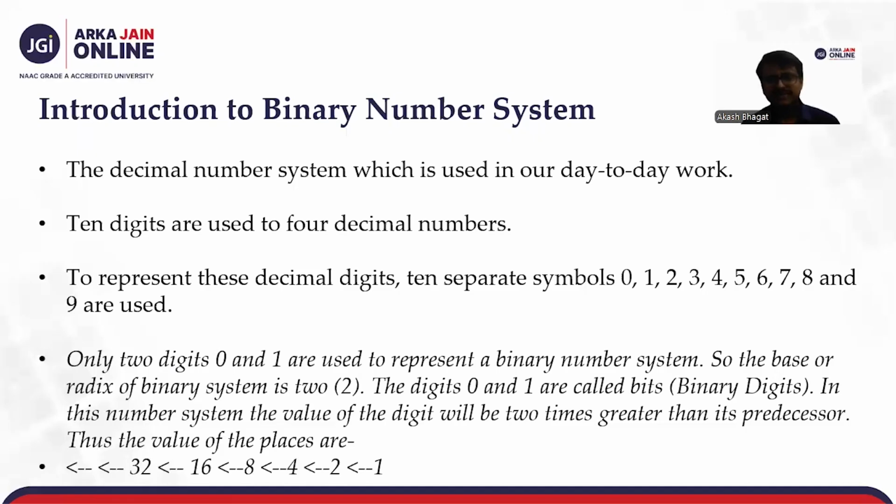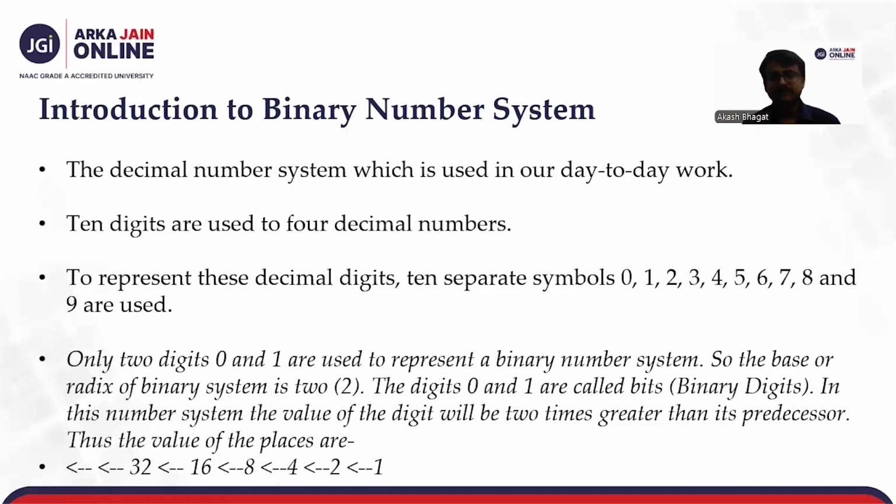Basically, we have language categories like machine language, assembly language, and high level language. Machine language is written in the form of zeros and ones, while assembly language is written in the form of instructions, while high level languages are written like English statements.